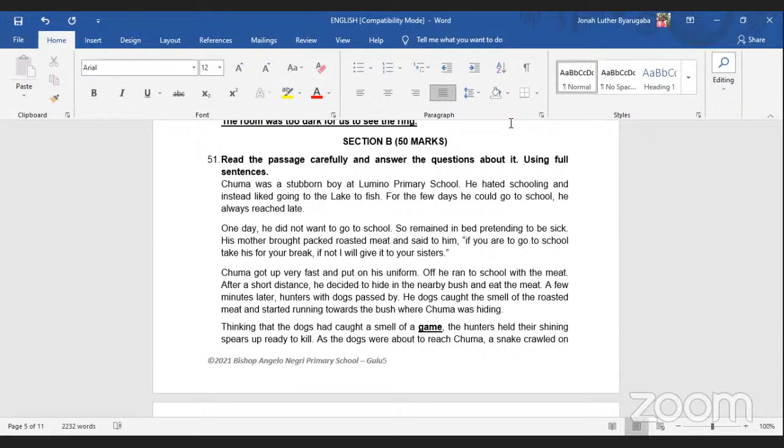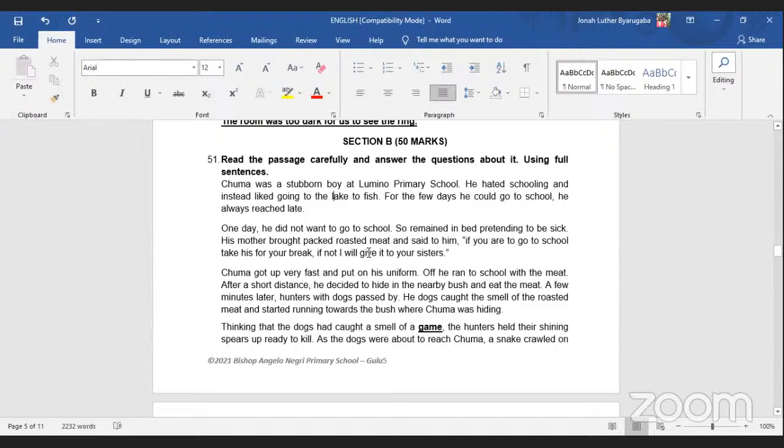Shrima was a stubborn boy at Lumino Primary School. He hated schooling and instead liked going to the lake to fish. For the few days he could go to school, he always reached late. One day he did not want to go to school, so he remained in bed pretending to be sick. His mother brought packed roast meat and said to him, "If you are to go to school, take this for your break.